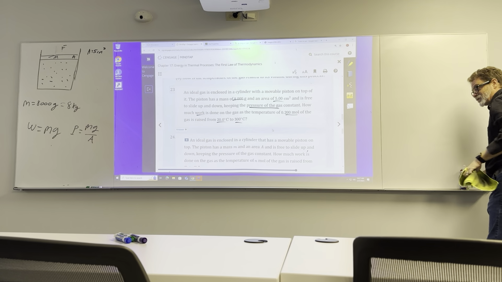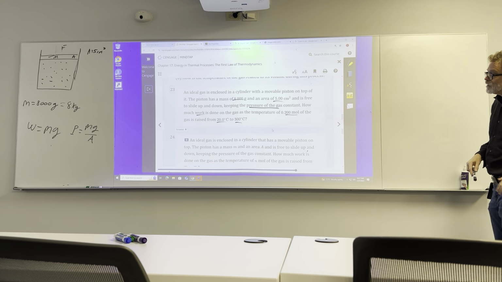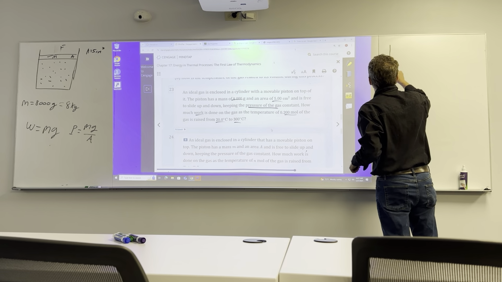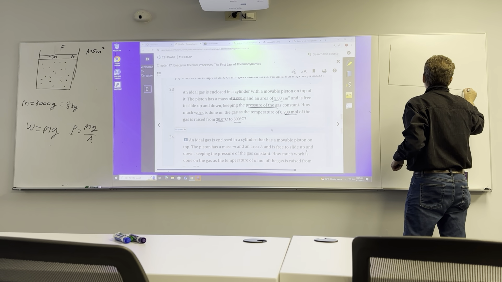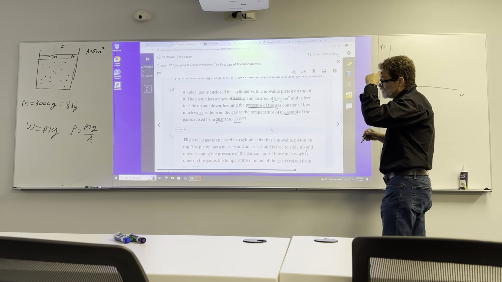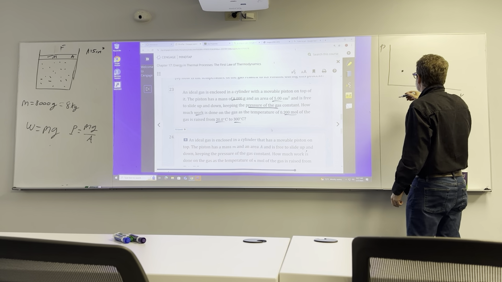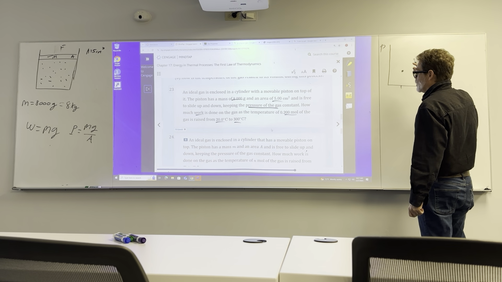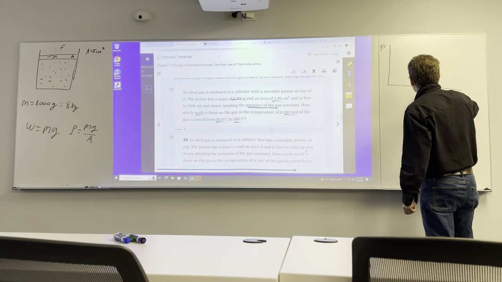Okay, what kind of curve is this? So if I start at one pressure, let's say I start here, pressure's gonna be constant, right? What does that mean? Straight line. Oh, but I'm compressing the gas, right?